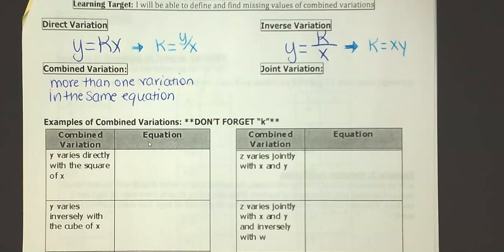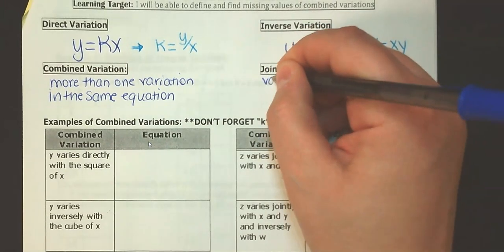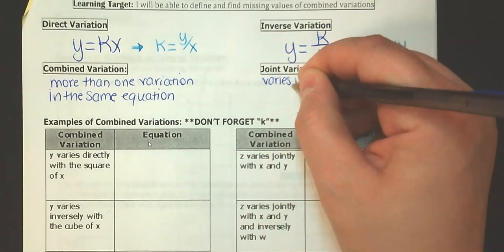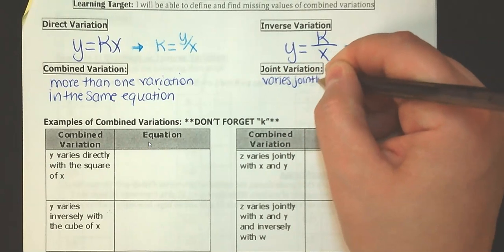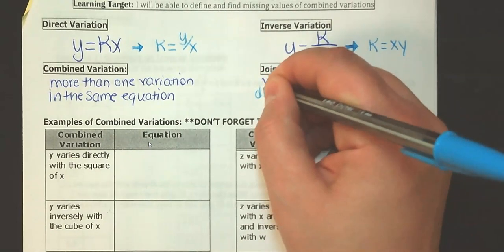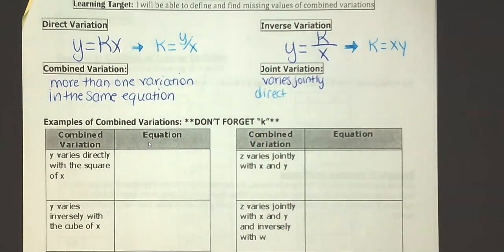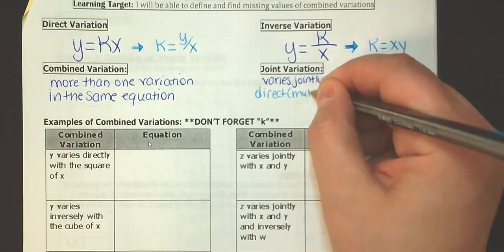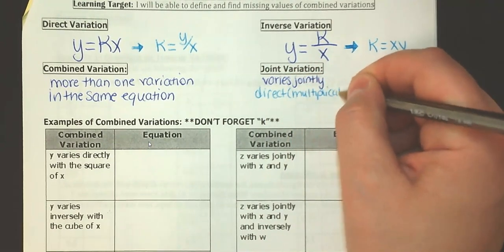Another word you're going to see today in a couple of these is going to say varies jointly, or a joint variation. So if you see varies jointly is how that's going to be kind of described in the problem. This is a direct, so it's going to be multiplication with your k.